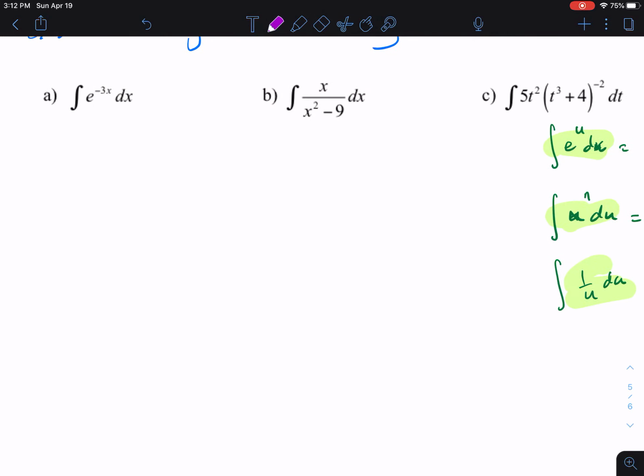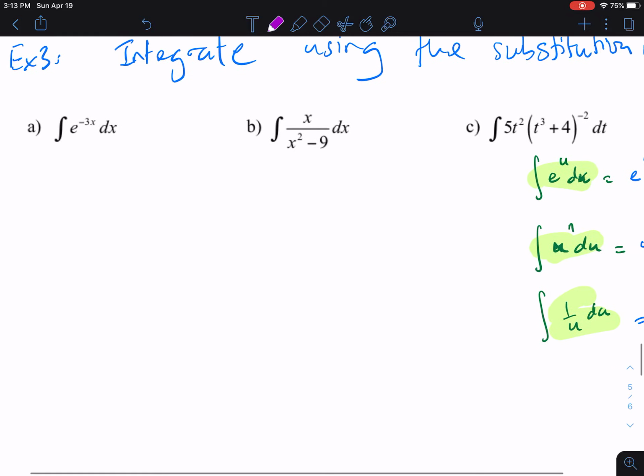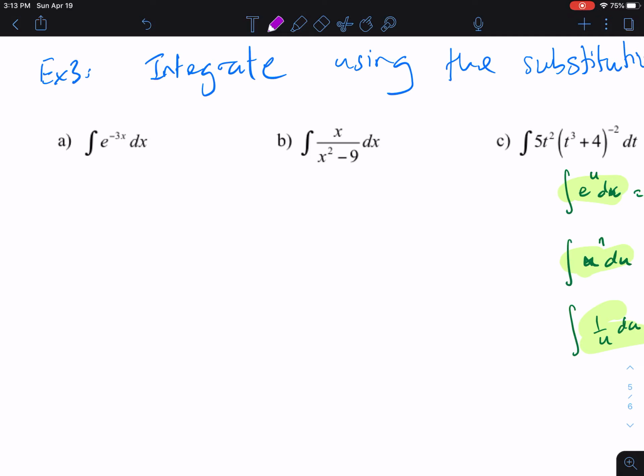We can use one of the rules that we learned a while back for e to the negative 3x, but I want us to practice with u substitution from this lesson. So let's start by identifying our inside function. I'm going to go with minus 3x here, and then du, the differential of u with respect to x, is minus 3 times dx, right?